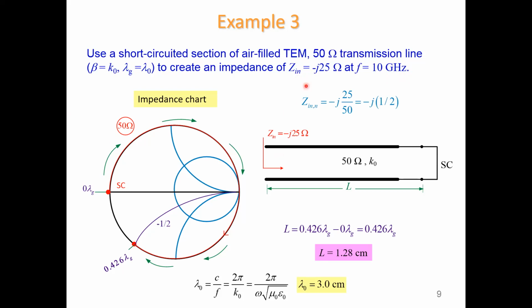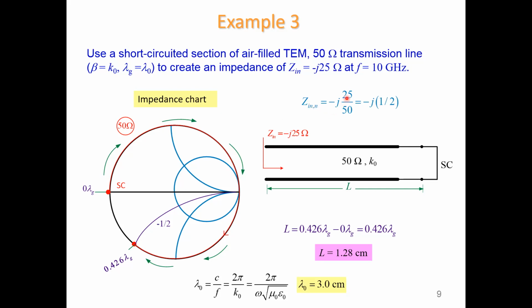Input impedance is given as minus j25. Frequency is 10 gigahertz. Transmission line is 50 ohm. Short-circuited section of air-filled TEM, transverse electromagnetic. TEM means transverse electromagnetic. Now see, that is our impedance chart.